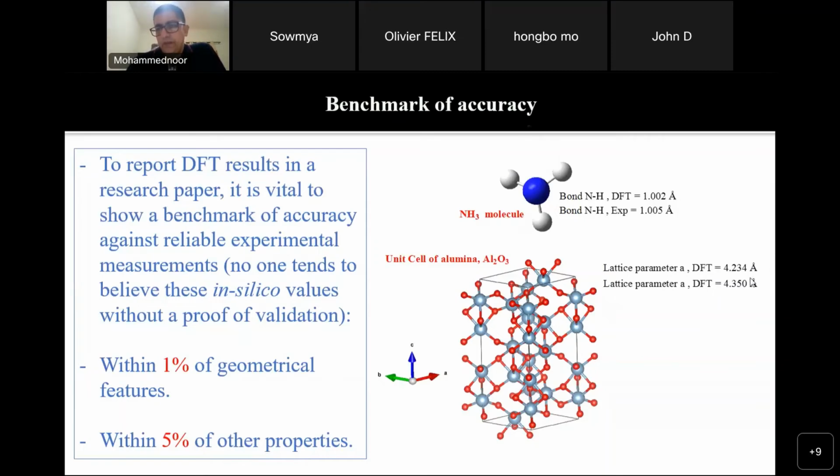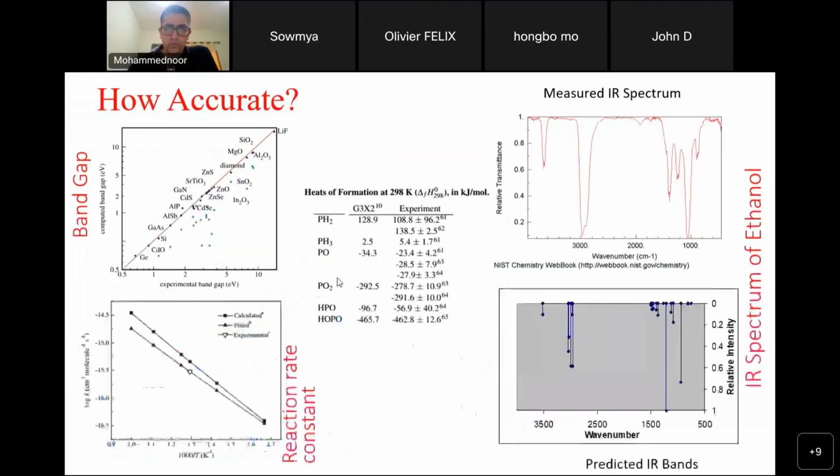When I do the experiments, I will find a difference within 1%. So a difference of only 1% will give me confidence that my other obtained results should be accurate. So this is in terms of geometry. In terms of other properties, it has to be within 5%.